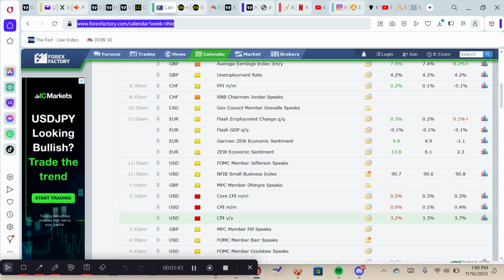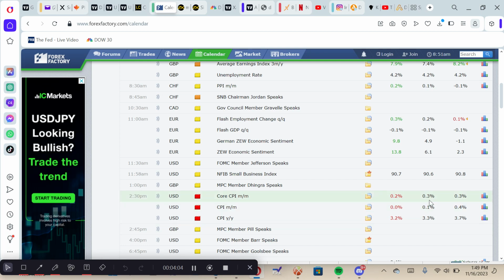They will put the forecast there maybe a few days before the news day, so you will see whether the forecast is different or the same from the previous result that was given. So when you compare it based on the forecast, you can be able to predict.